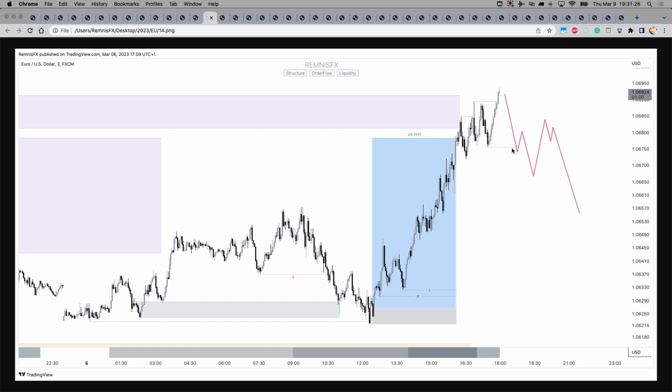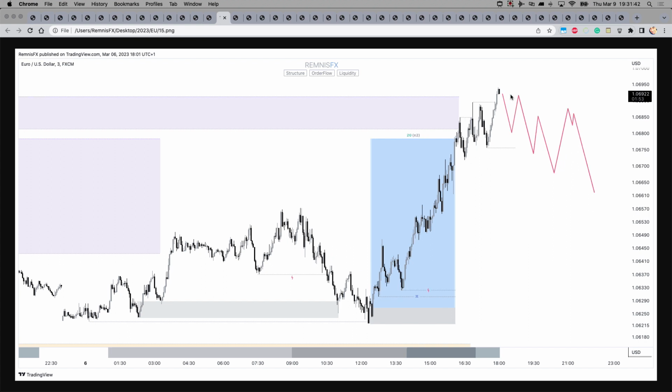Price would break the structure here before any mitigation on the top, like it did earlier here, right? Like I showed you. And then along the way, create liquidity. So if I get this setup, this is entry model 2, then I will utilize that. Otherwise, if I get from this point on an entry type 3, right?